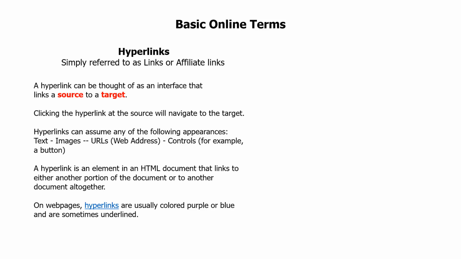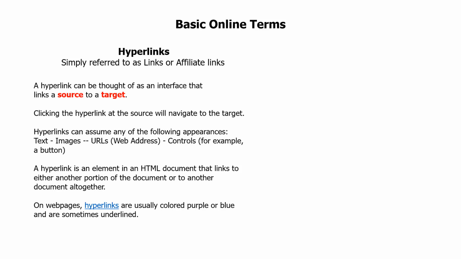You're going to hear those terms. And basically, a hyperlink is just an interface between the source and the target. So when somebody clicks on a hyperlink in whatever source that they're in, they're going to be taken to a target. And that target can be, well, first of all, the hyperlink itself can be text, it can be images, it can be website addresses, or what they call controls, which is basically like a button, those type of things.